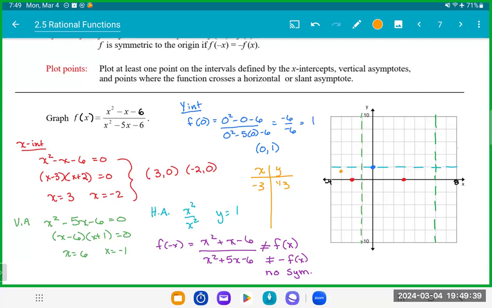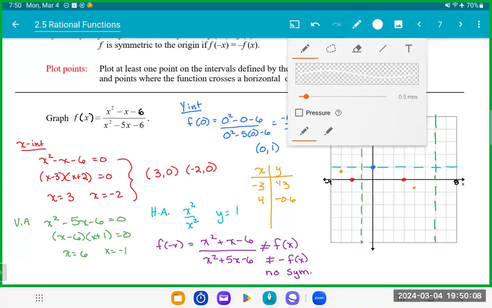If I want to do 1 point on here, if this is 3, if I want to look at x equal to 4, I can plug that in and I get a -0.6. So if that's 4, here's half, a little more than half would be right here. And let me just make these also +5 so that they're not 2.